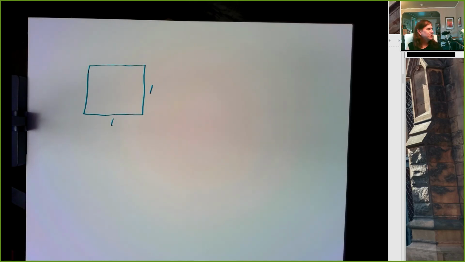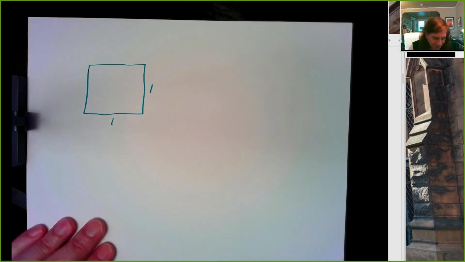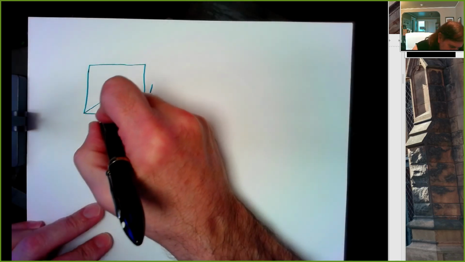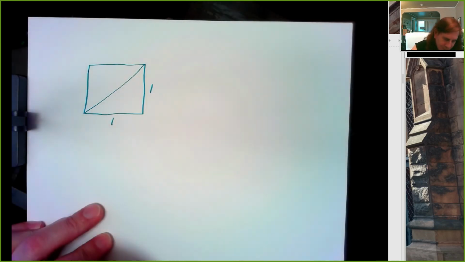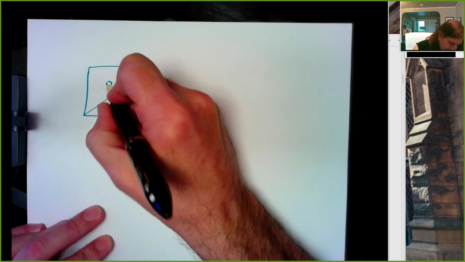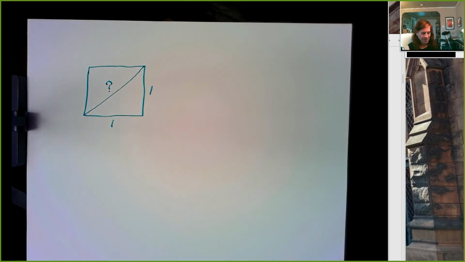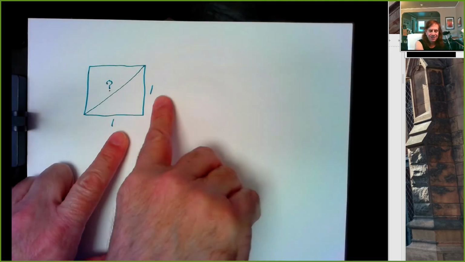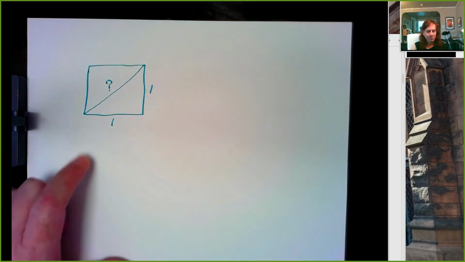You can see where I'm going with this. We can connect opposite corners and form a diagonal, and ask, what's the length of that diagonal? It's one of the simplest things you can draw: just a square and a line from corner to corner. If the square sides have a length of 1, how long is that diagonal?